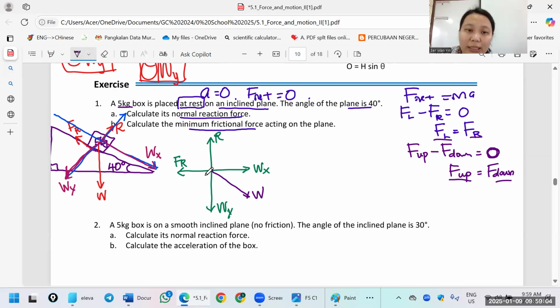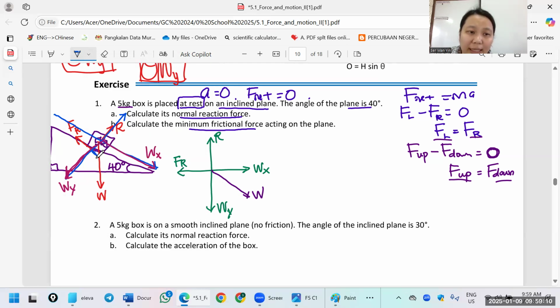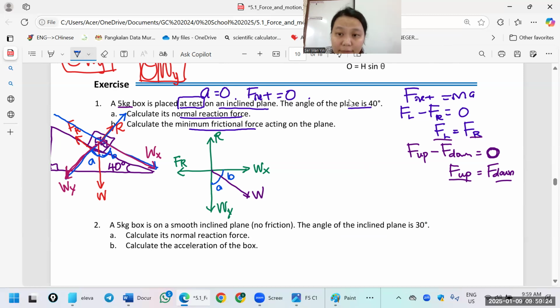May I know where should I label the 40? Label here A or label here B? Thank you, Jia Ân.